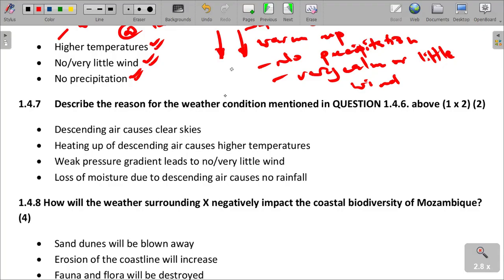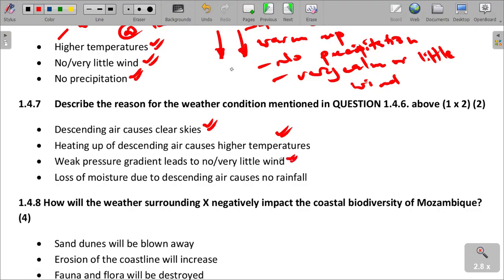Obviously, what I have already been describing: descending air causes the clear skies. The air as it descends is falling air, and it causes clear skies. Heating up of descending air causes high temperatures. Also, a weak pressure gradient leads to no or very little wind.